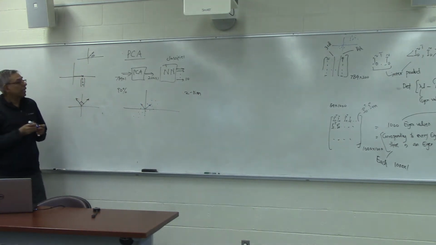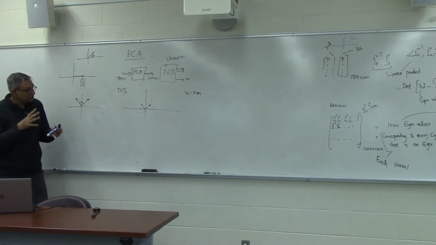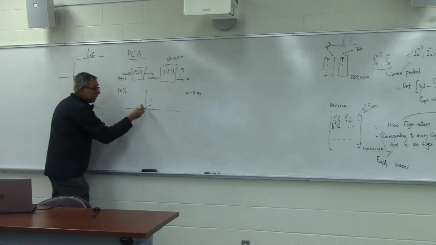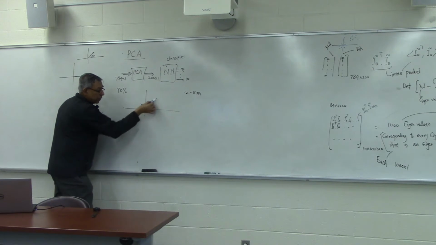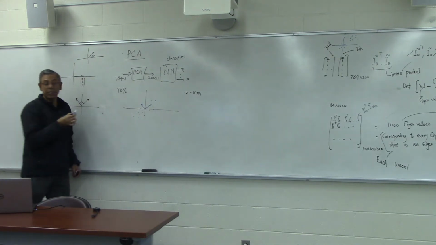Okay, so now let's take a look at this eigenvector, which is in the direction of the data where the data has the highest variance.